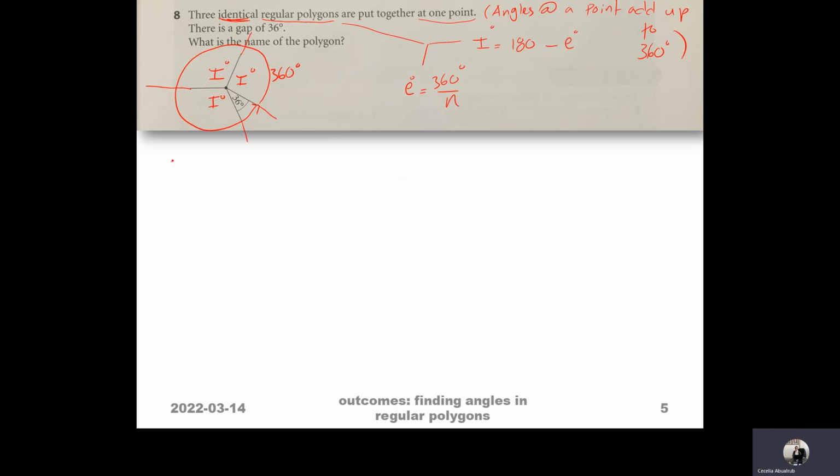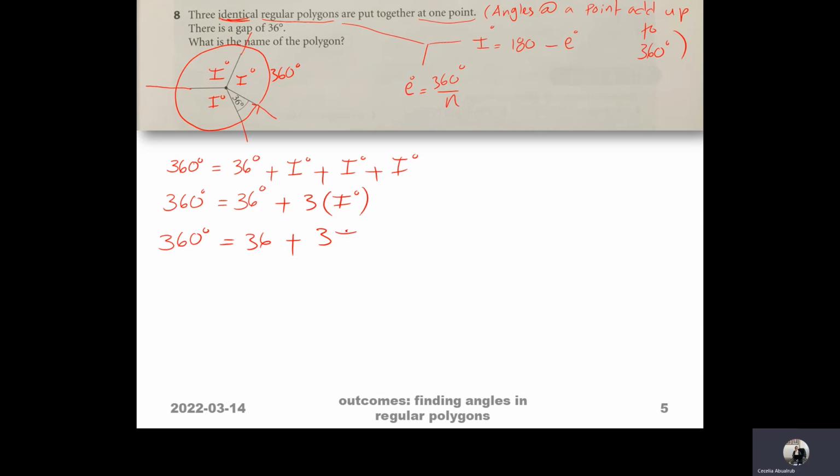So we're going to write the formula: angles at a point add up to 360, and we're going to start with the given angle, which is 36, plus I, plus I, plus I. Which means, in other words, some people like to write it immediately as 36 plus 3 times I. So it will be 360 is equal to 36 plus 3I.